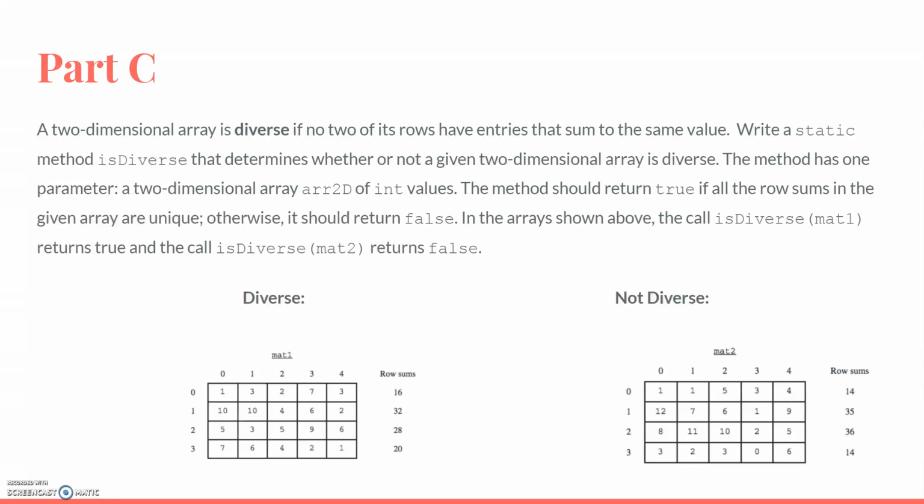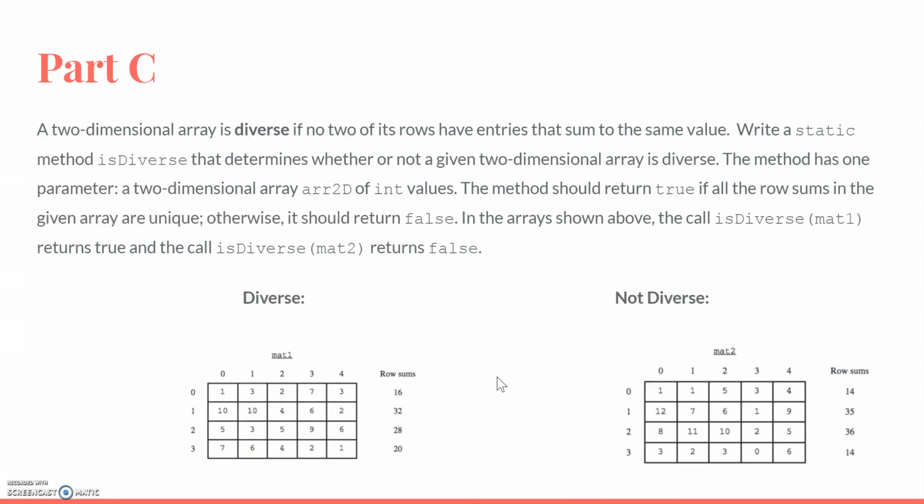The final part to this one is part C, and this involved a two-dimensional array and uses the method isDiverse to test if, for each individual row in the two-dimensional array, the sum of that row is different from the others.